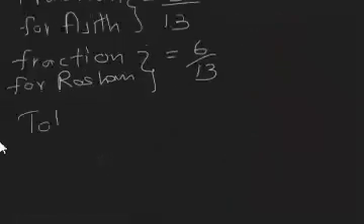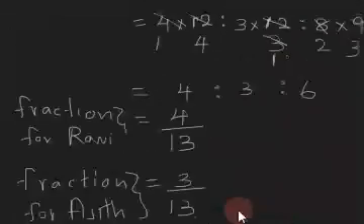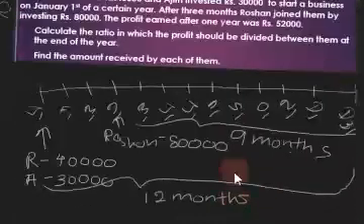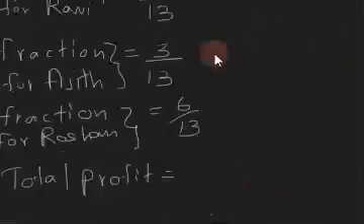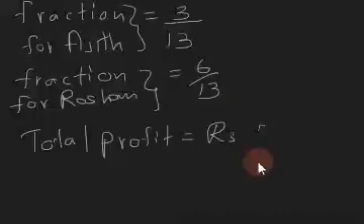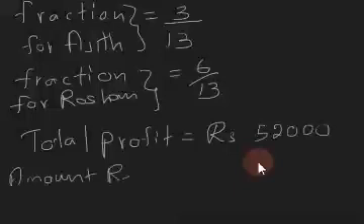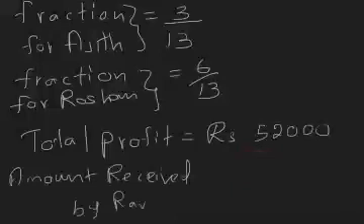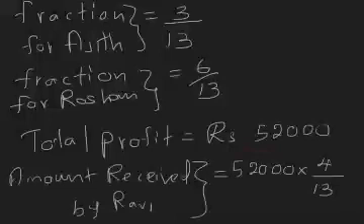Total profit, 52,000. So the amount received by Ravi: 52,000 divided into 13 parts and you should multiply by 4.